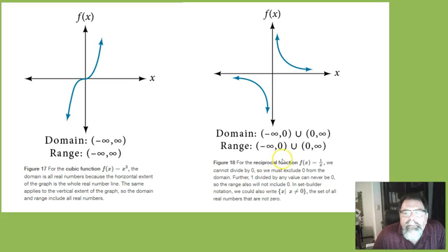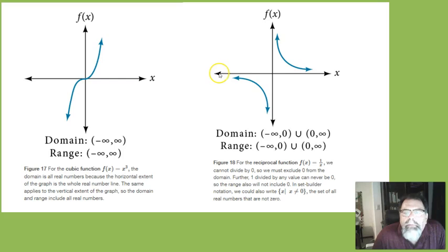Okay, and then the reciprocal function. So here we've got a fraction. The bottom can't be 0. So that restricts the domain, and you can look at the graph. It's never going to hit the y-axis, right? There's no value on that one. So x can't be 0, again, because of the fraction.